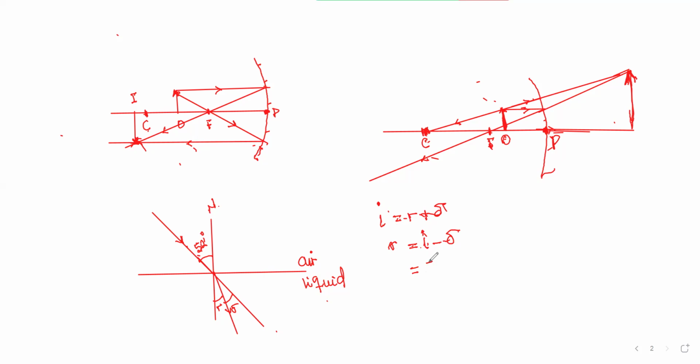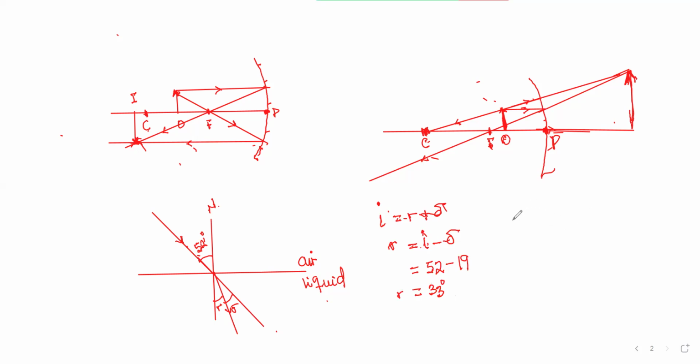Angle of incidence 52, angle of deviation 19. What is 52 minus 19? 33. So the angle of refraction is 33 degrees.